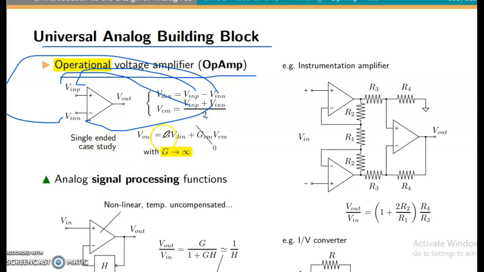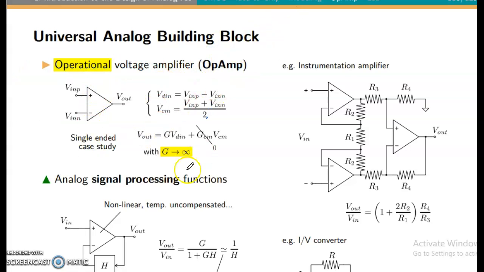In this single-ended case study, V out equals G VDN plus GCM times VCM. But GCM is 0, so that is V out here.